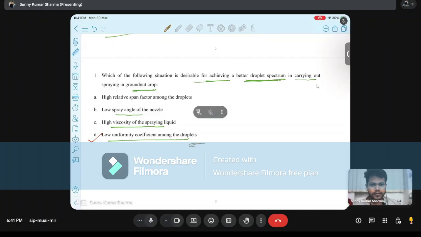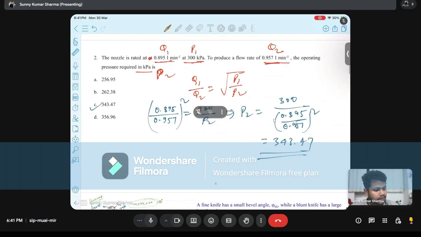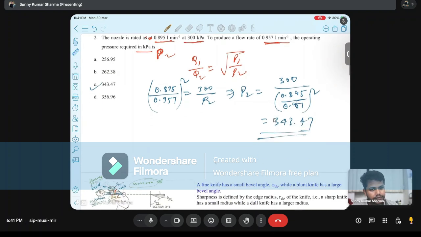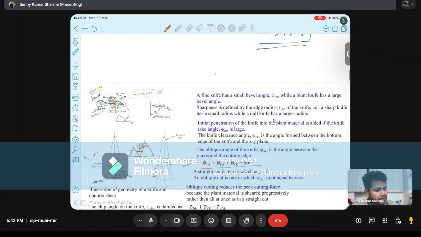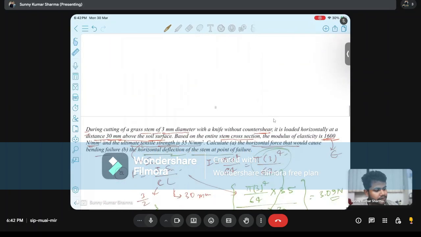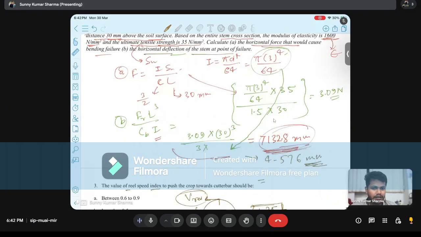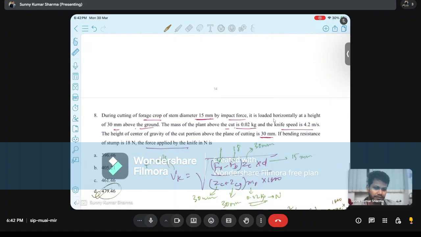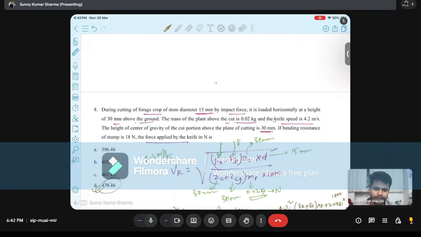The rest, all the numericals are only from this formula only, whatever we discussed now. Numerical not exactly same, but the format is same, like what will be the deflection and all they have asked. Okay, you will not face any problem. Yes, sir.